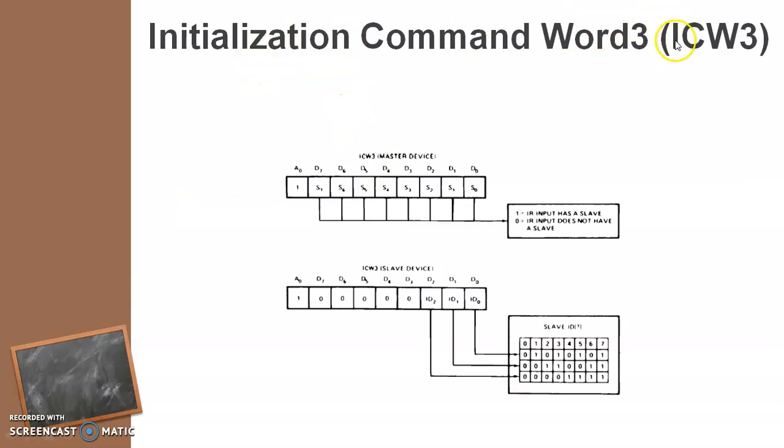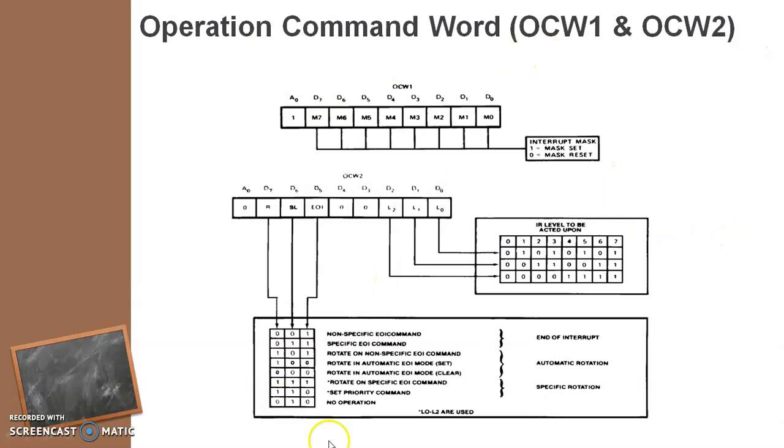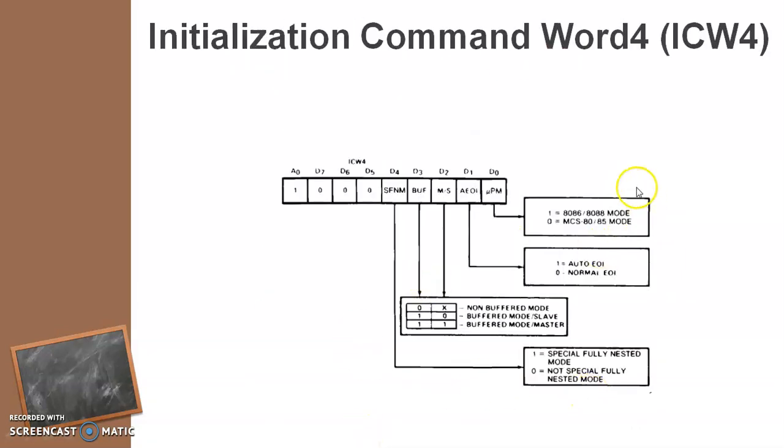Next, initialization command word 3. It is for the master and for the slave device. And in command word 4, you can specify whether 8086 mode or 8085 mode is being used.